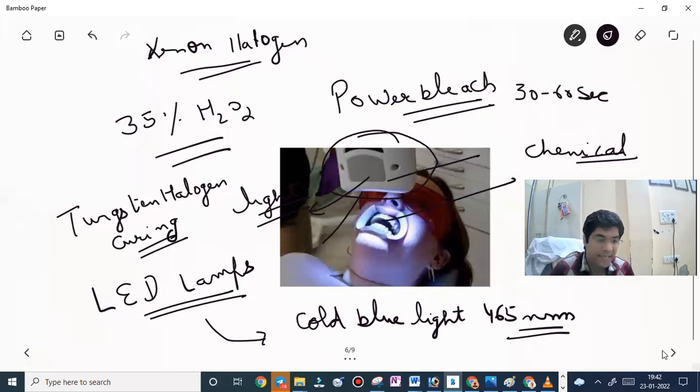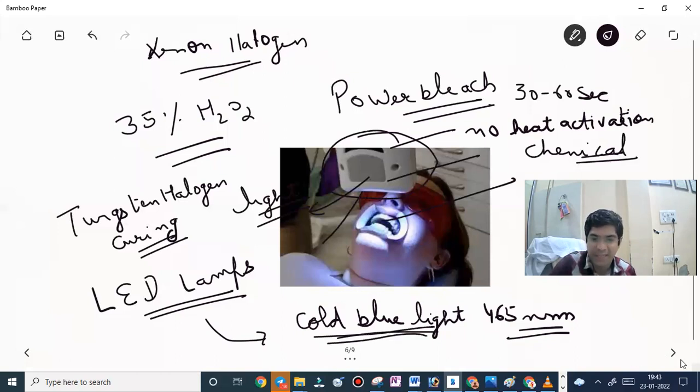The LED lights are placed close to the patient's teeth for 15 to 20 minutes, which may have to be repeated 3 times. Why do we prefer them? Because here no heat activation is required. This was asked in your NEET exam: the LED lamps use cold blue light.